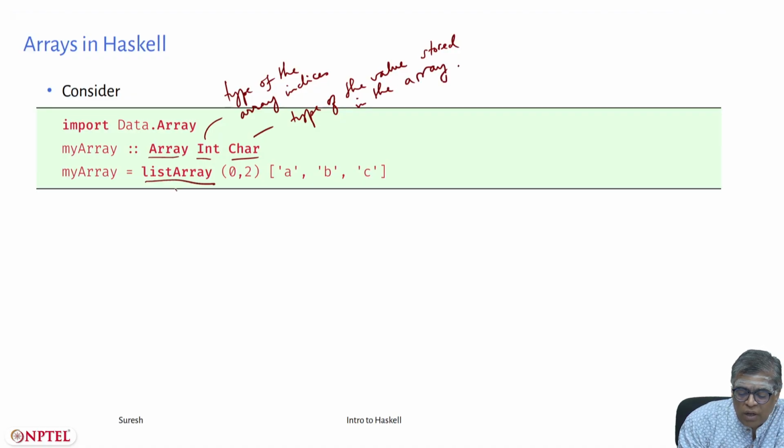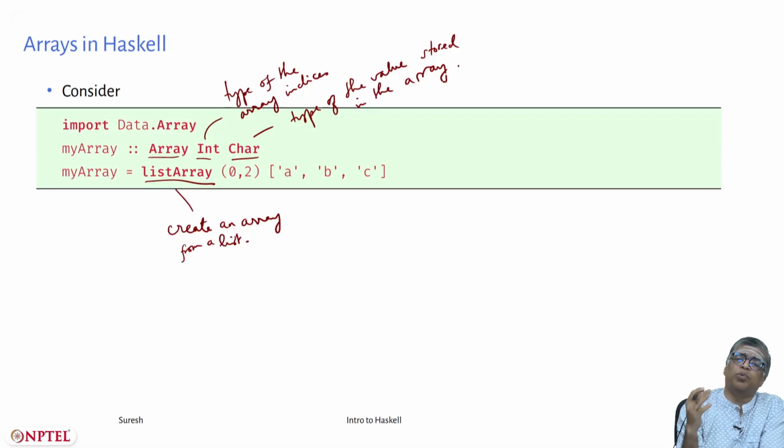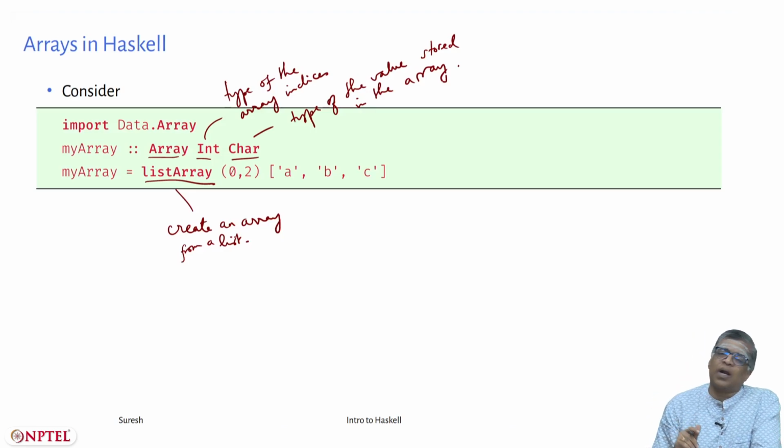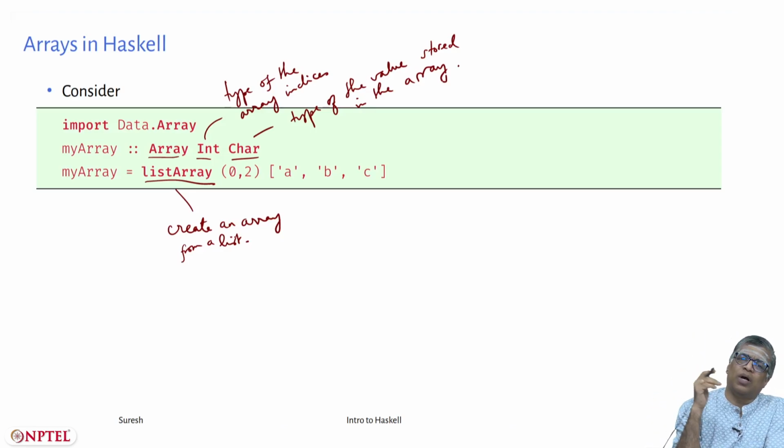And what is listArray? It creates an array from a list. How do I know which element to put where in the array? In that order. So the list is listed as A, B, C. So you put A in the first position of the array, B in the second position, and C in the third position. But like with lists, arrays also are indexed from 0. So it will be indices 0, 1, 2, which will contain the values A, B, C.